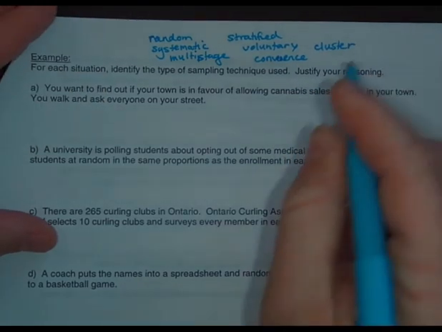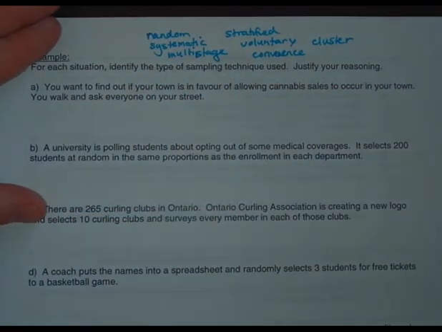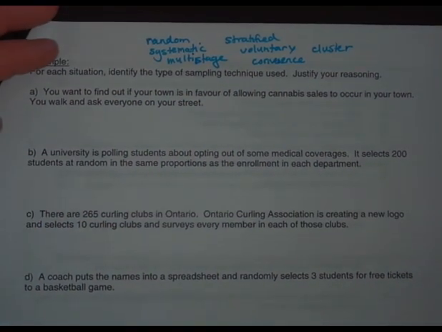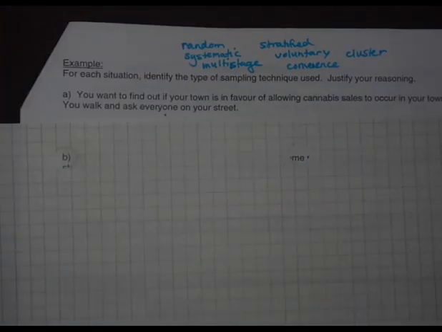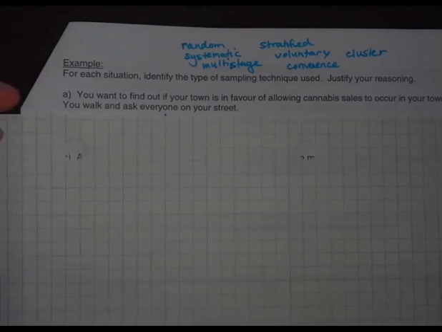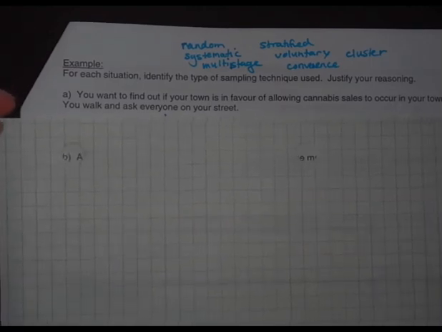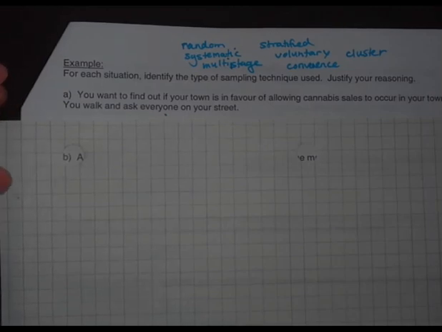So your job is to try to figure out which of those match for those. So I want you to push pause and try to fill in what you think that is. All right. So I'm going to go through them, and then I'll talk about the reason why. So as you're copying this down, try to write down some of the reasons why.